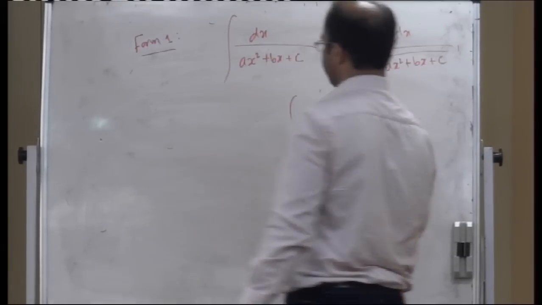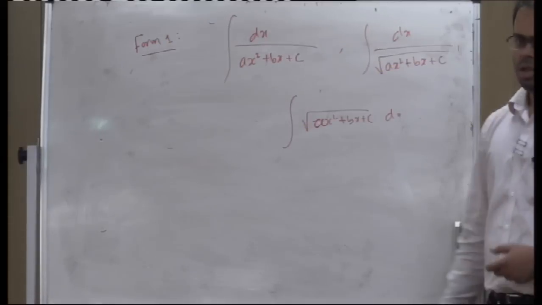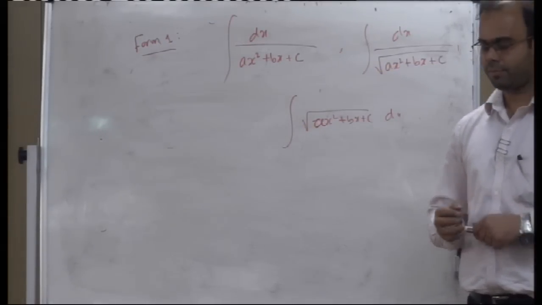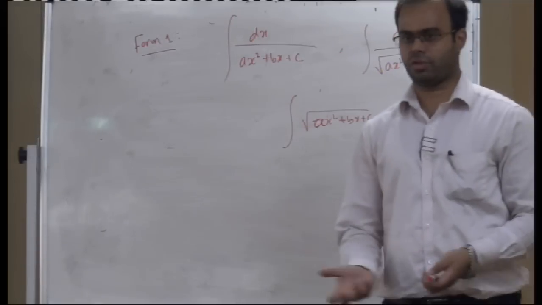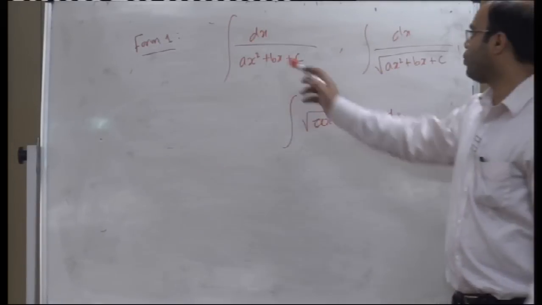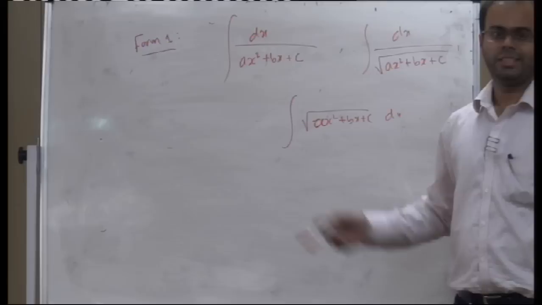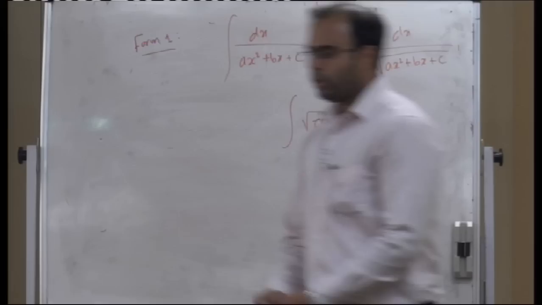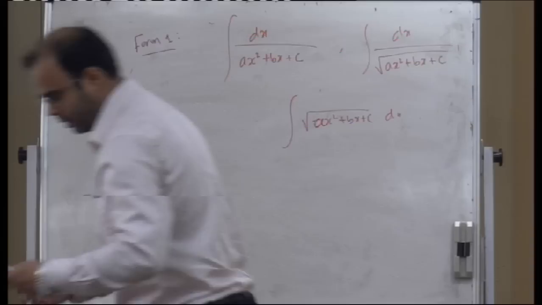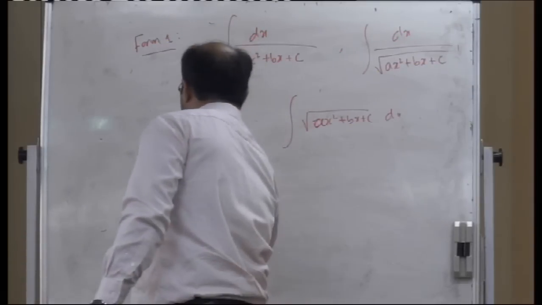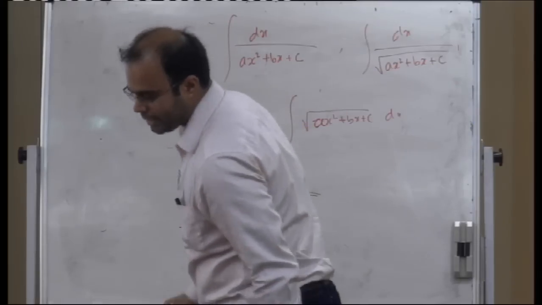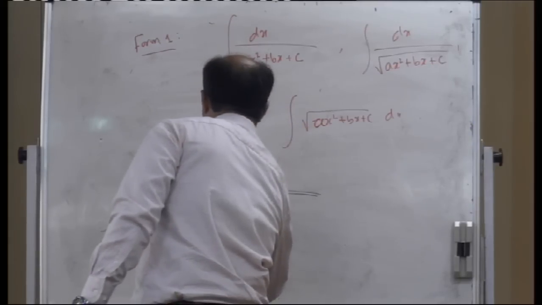So this is the first form, and all of these forms are calculated by one specific method. That method is making a perfect square. If you make a perfect square of any of these, it is solved by the formulas which we have studied just now. If you want an example, you can take one like this, dx upon root over minus x square plus 4x plus 6.